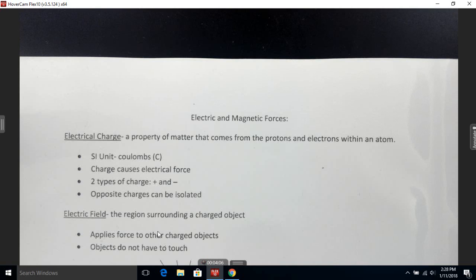Don't you think it's kind of weird that the proton is like 1,800 times bigger than the electron? How in the heck can they give the same amount of charge? I don't know the answer. Whenever I was doing this research, I found it kind of crazy that the electron is so much smaller than the proton, yet they have the same amount of coulombs, just opposite charge.